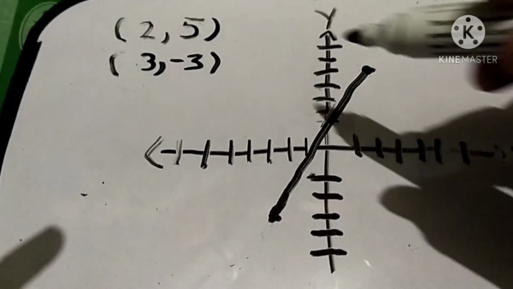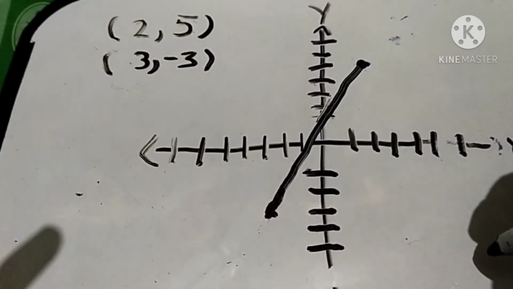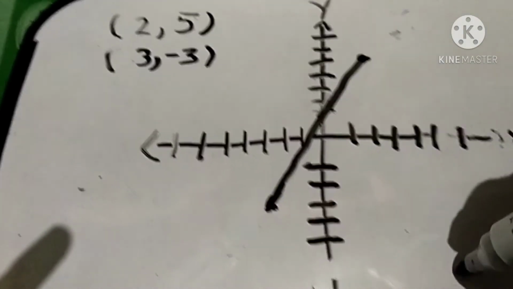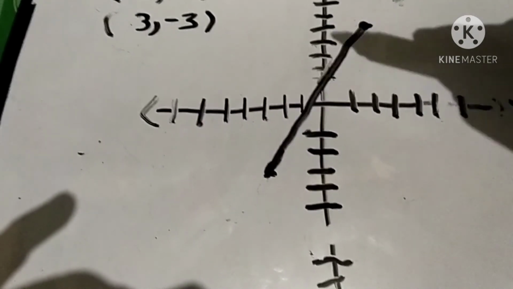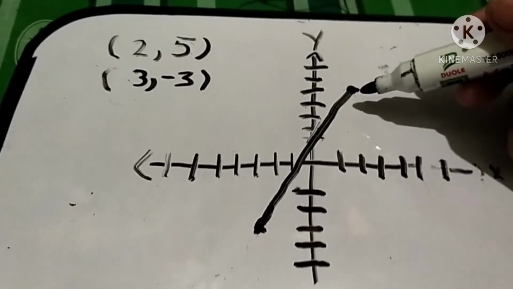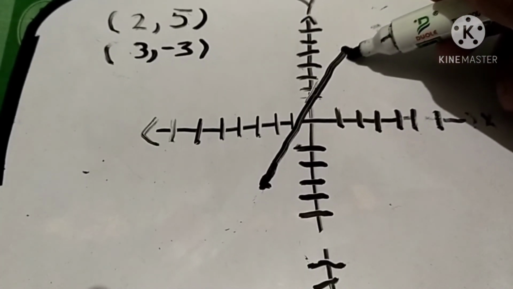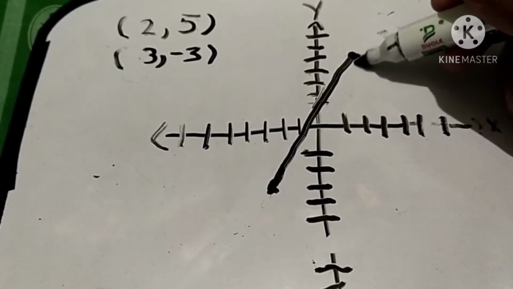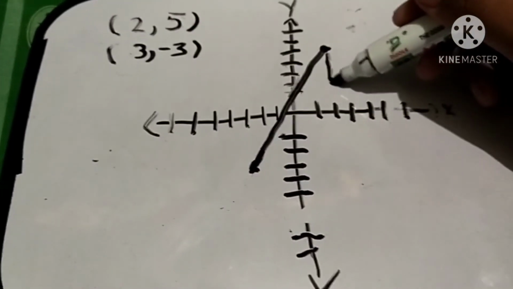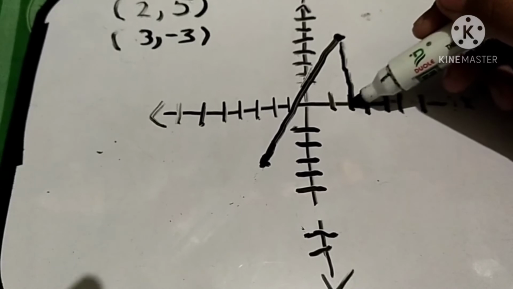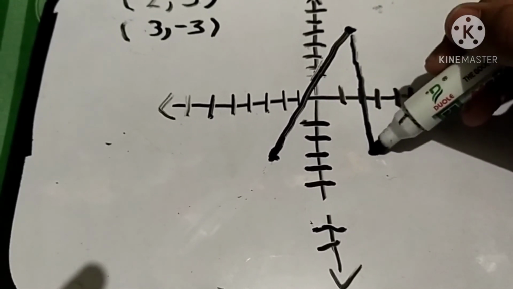If the line is going from left to right, the rise is going up. Since we have the line falling down to the left, we will fall down. So the rise is 1, 2, 3, 4, 5, 6, 7, 8.